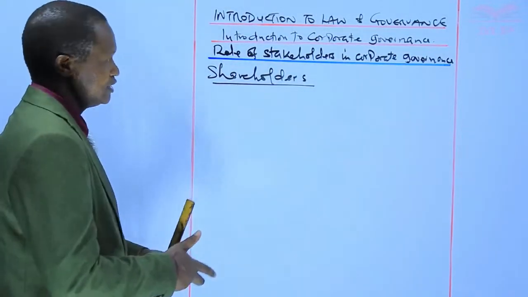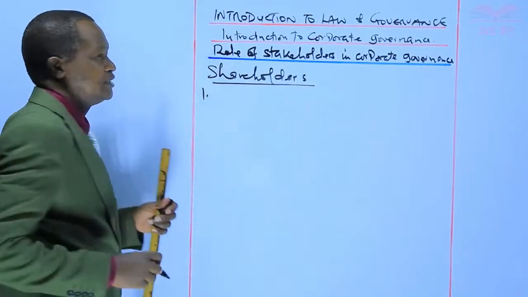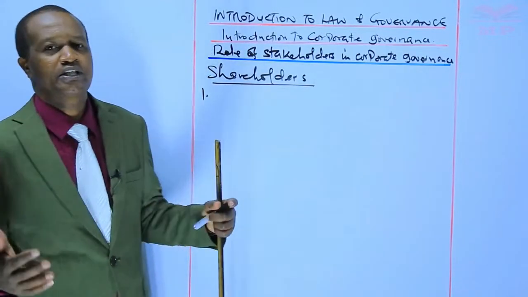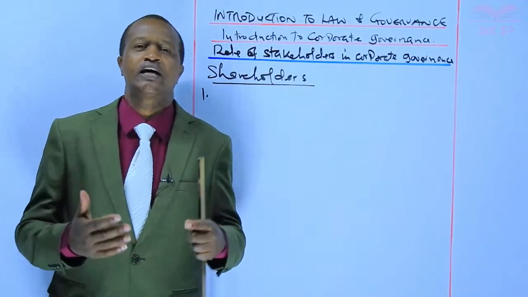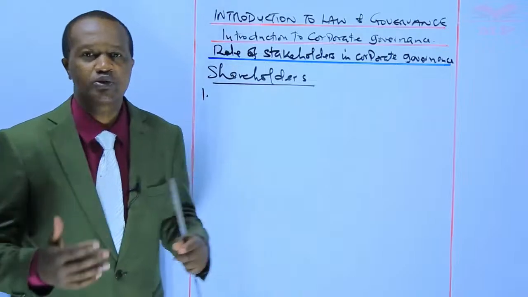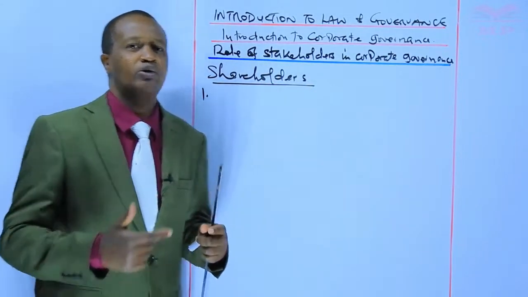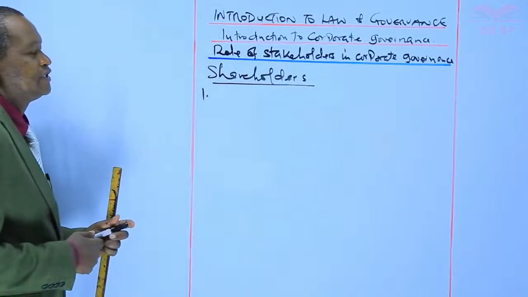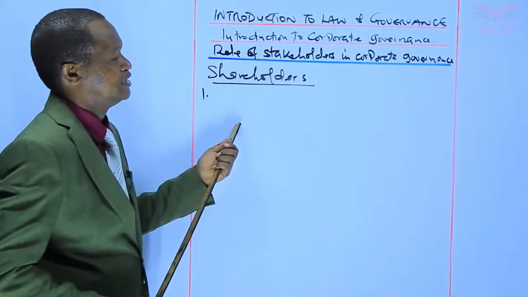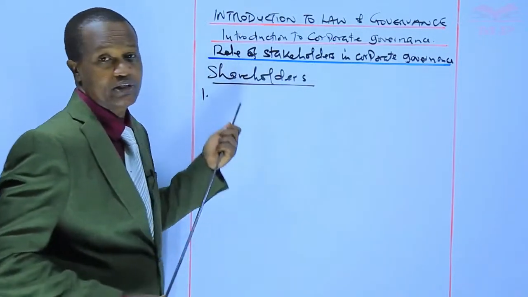Number 1, shareholders have a role to ensure that the directors who are appointed are competent and reliable persons who can add value to the company when elected or appointed. So the board of directors is a group of individuals who are appointed by the shareholders.